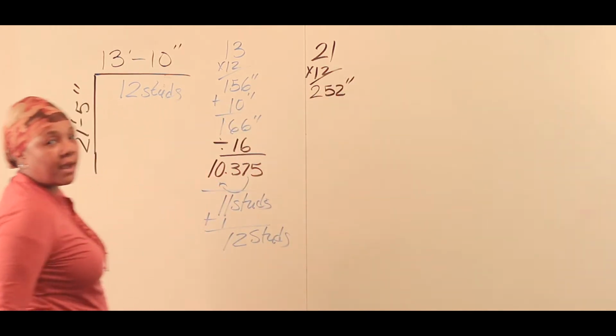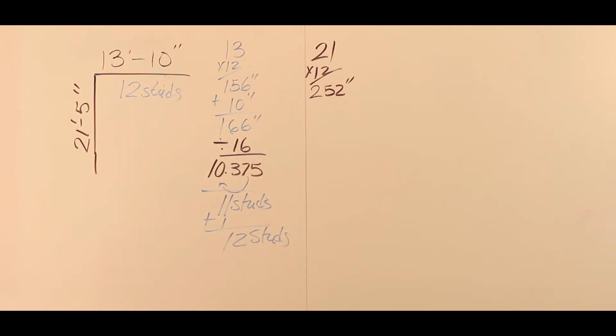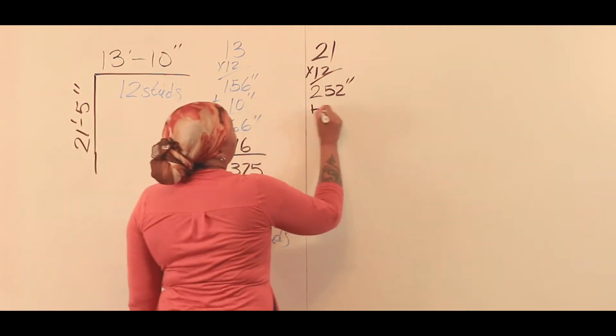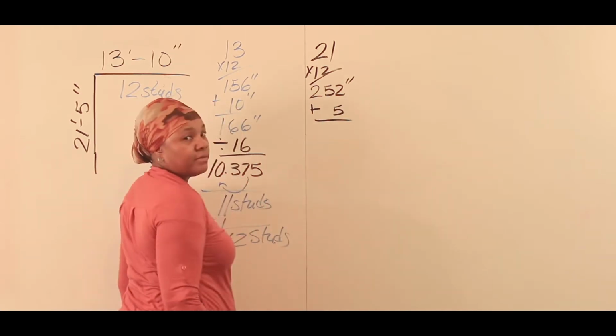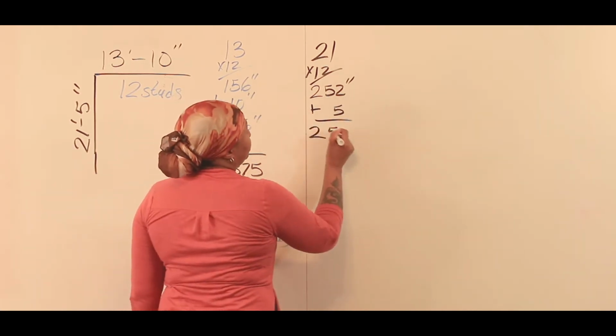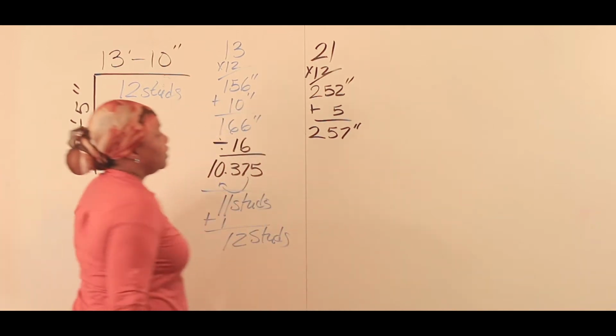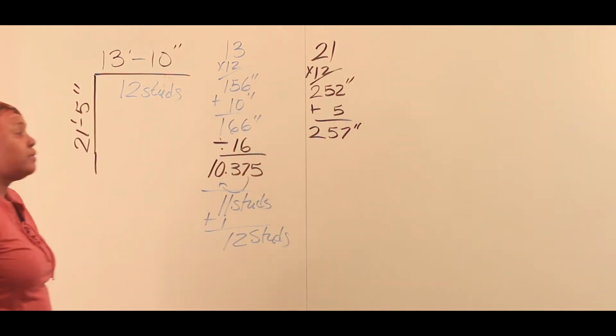Next step, add the inches we already have, so now we have 257 inches. Next step, divide by 16.